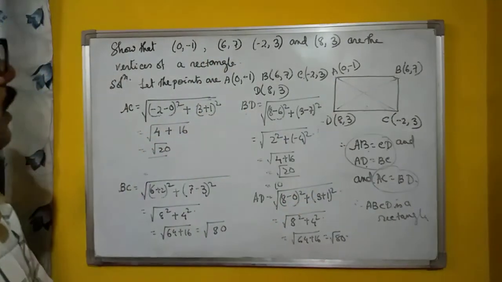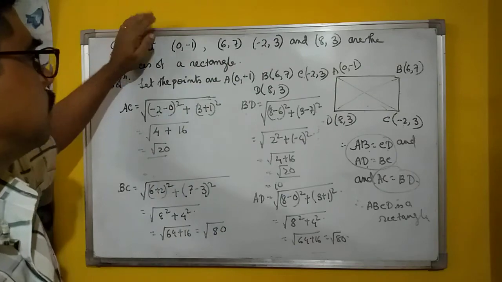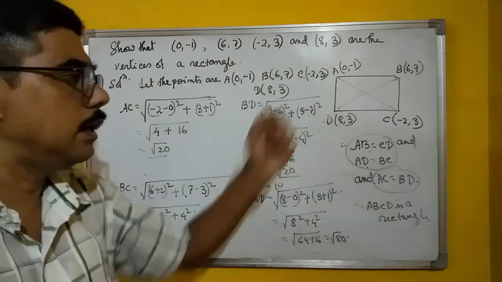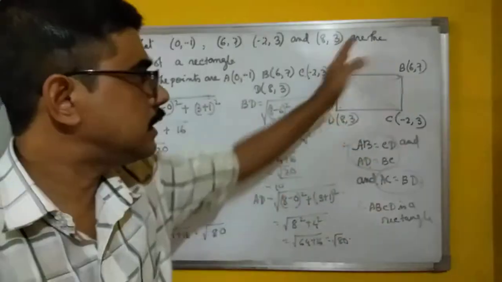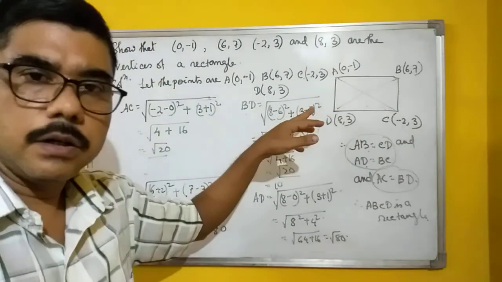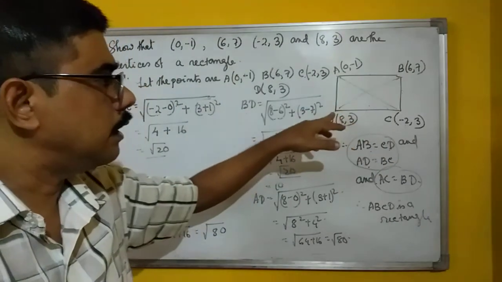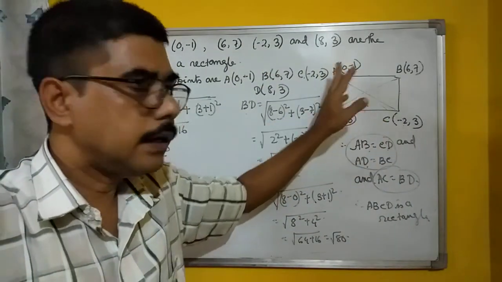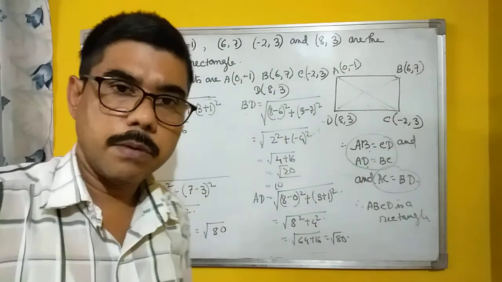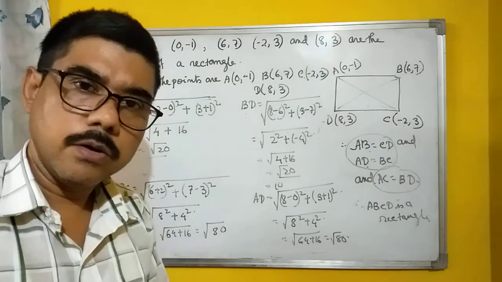But if it is written, not so, and it asks what type of quadrilateral it is, then if it is not equal, then it is a parallelogram. If all sides equal and diagonals equal, then it is a square. And if all sides equal, diagonals not equal, it is a rhombus. Okay, clear?